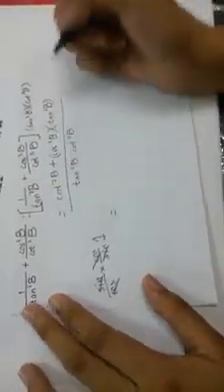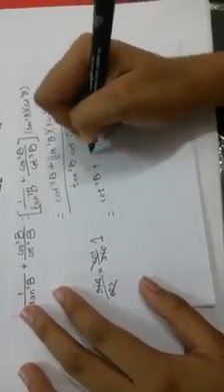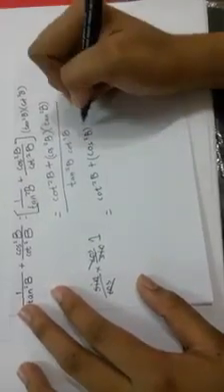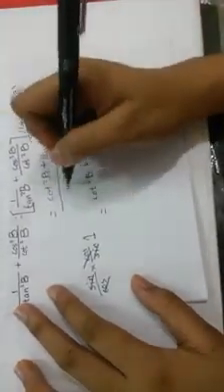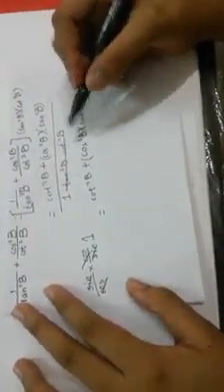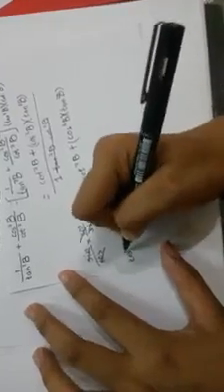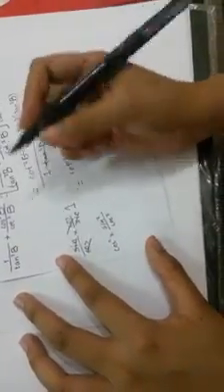So, cotangent square B plus cosine square B multiplied by tan square B. This will be 1, while simplifying cosine square B with tan square B, it will become sine squared.